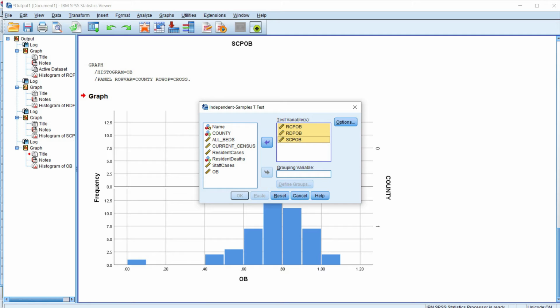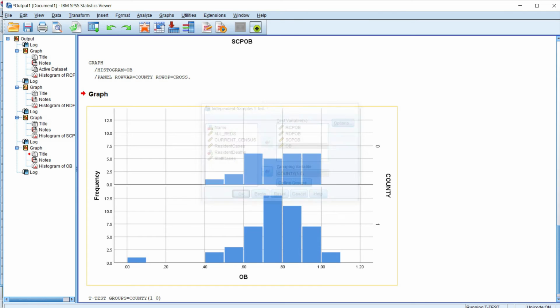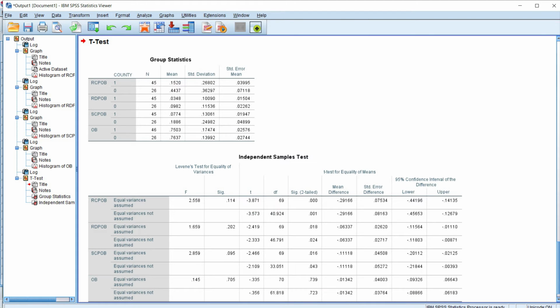And here, better put that in too, occupied beds. And our grouping variable is the county. We'll have to define the groups as 1, Allegheny County, and 0, Philadelphia County. Continue. Okay. And here are our tests.